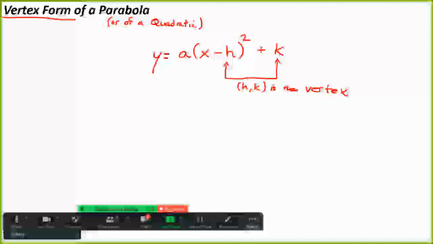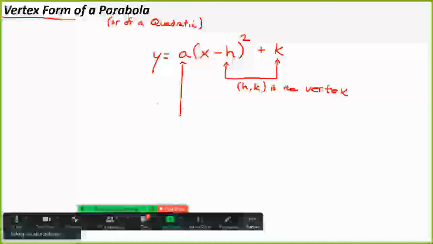Now, this is going to come up more in tomorrow's lesson, but I want to start talking about it now. The a number, if there's a number being multiplied to the parentheses, there isn't always one there. Then it would be a 1.